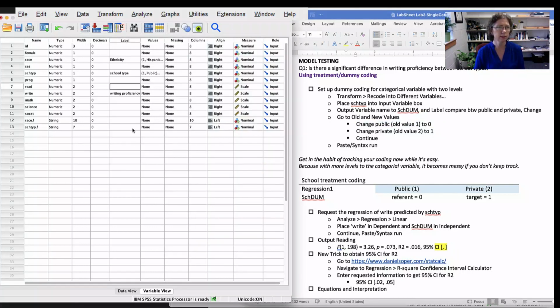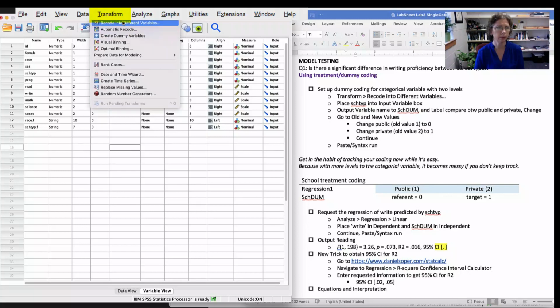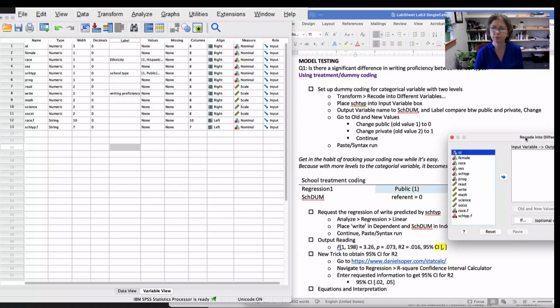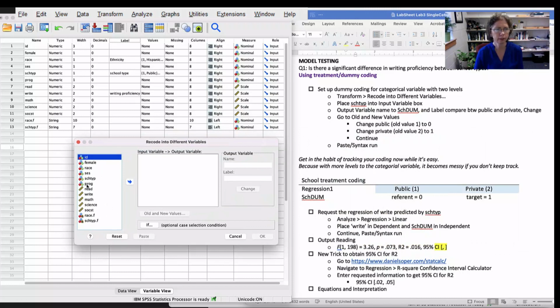In SPSS, I'm going to go to transform and recode into different variables. For here, we're going to put school type into our numeric variable box here. The outcome name, let's call it school dumb. And we're going to label this as the comparison between public and private, and hit change.